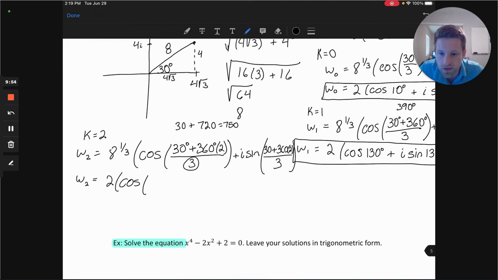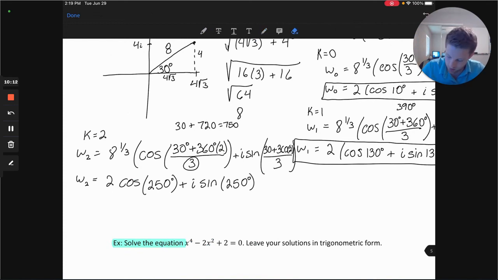So 250 is going to be the new angle that we'll use as the argument in both of these cases. And that will be our last cube root. So that's a third cube root for this case.